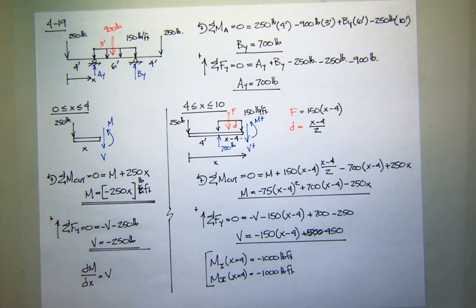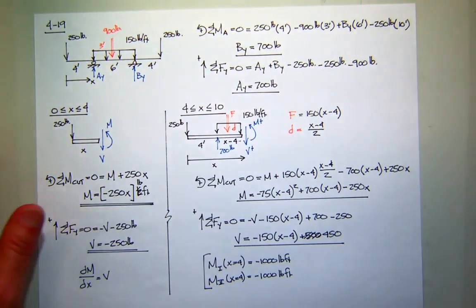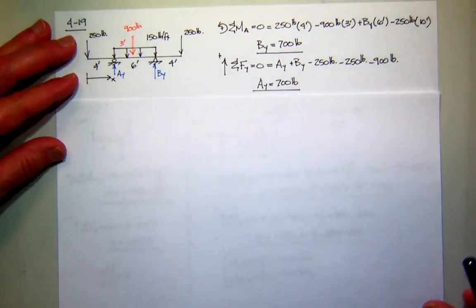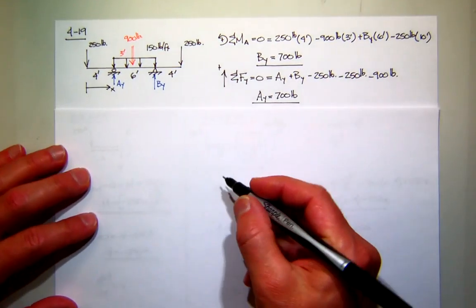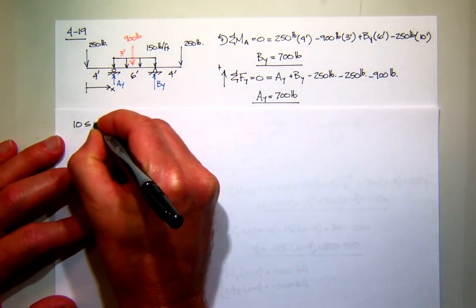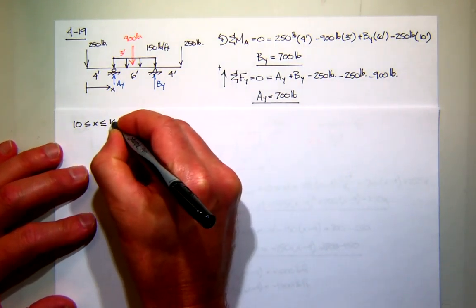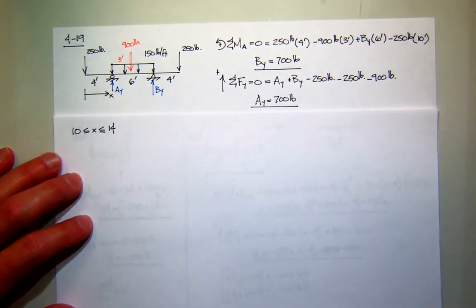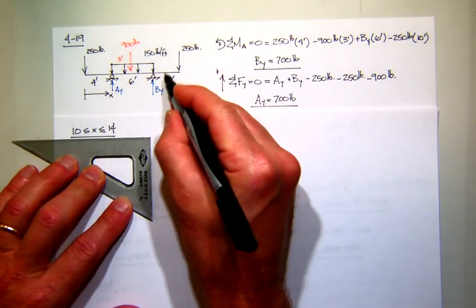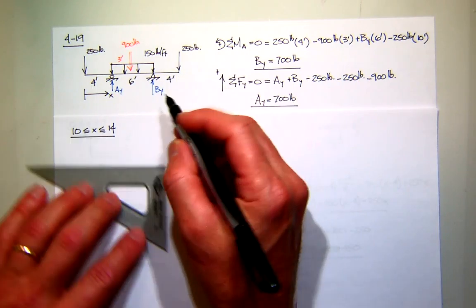Okay, there's one more piece to this, would be the last portion. Let me try it this way. I'll just cover that part up temporarily. So now we'll do between 10 and 14. So I'll make a cut here. I'll look at the right-hand side.